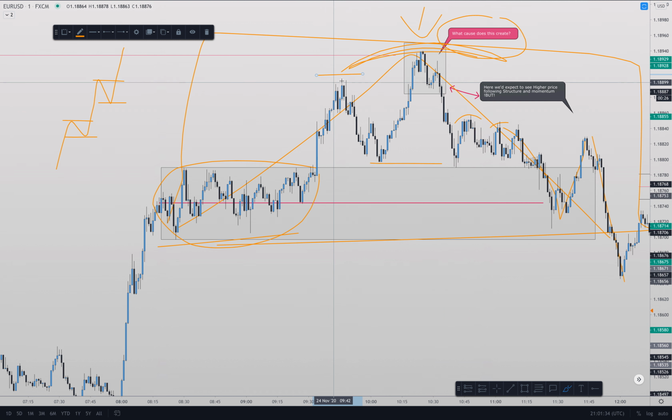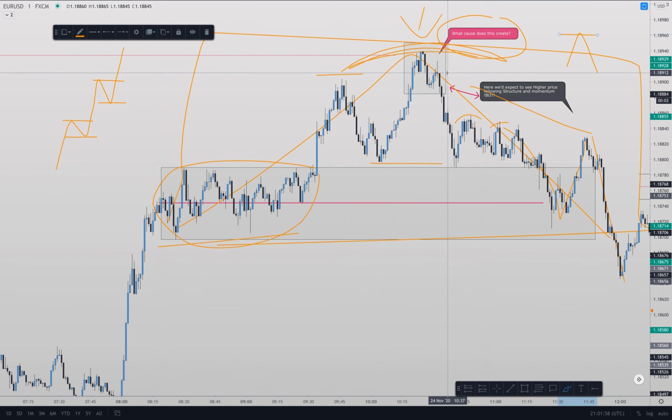We have a high, higher high, and then consecutive lower highs, which is essentially creating your fractal high on a higher time frame. This will be the top of a candle. What time does this happen? 10:25. So that 10 o'clock candle essentially is going to be the high of that 10 o'clock candle.